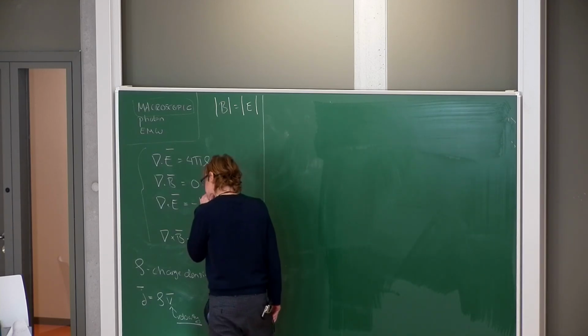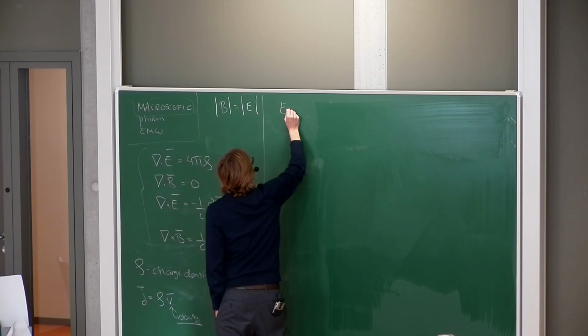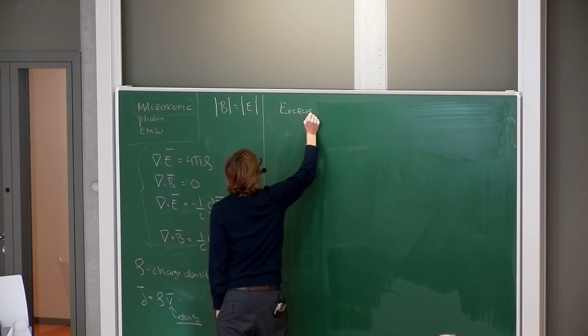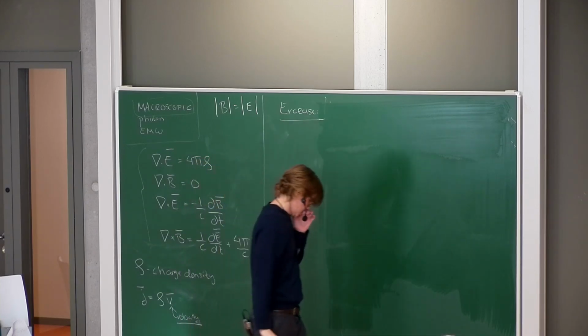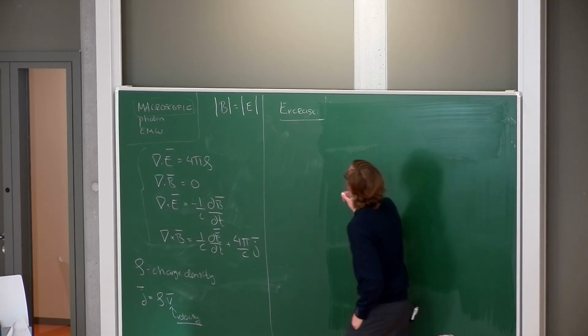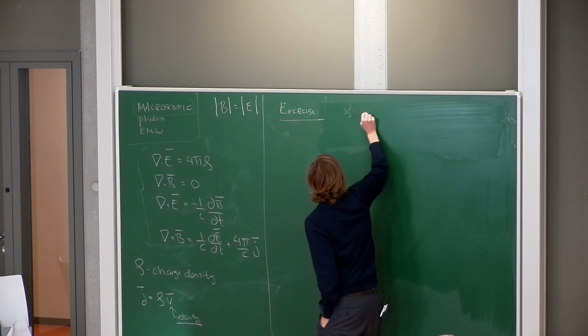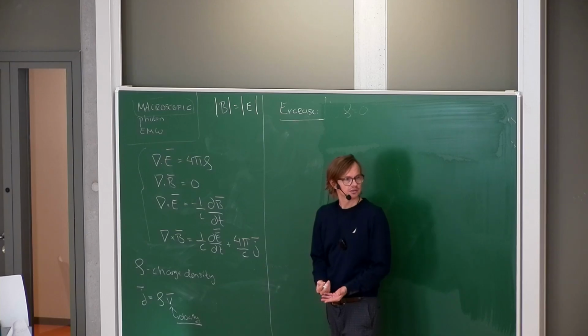Now, the first exercise for you, which is in the lecture notes and in the course book, is to assume that you have no charge density, that is, you have a vacuum solution.